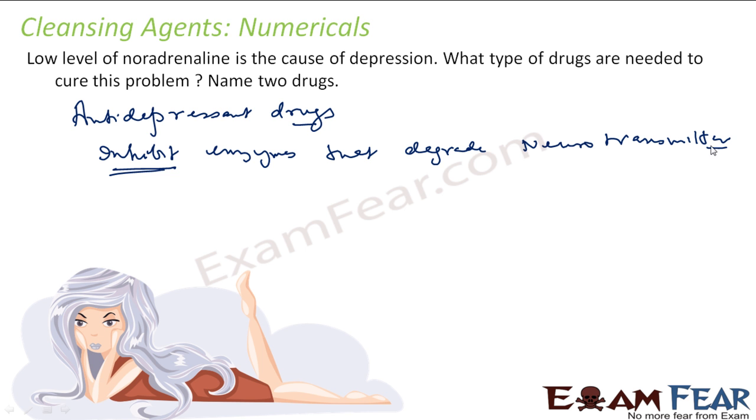For example, this is noradrenaline, my neurotransmitter. Once the drug inhibits the enzymes which degrade noradrenaline, the body will produce more and more noradrenaline if you eat good food, and you'll not be depressed. So slowly the patient becomes better.